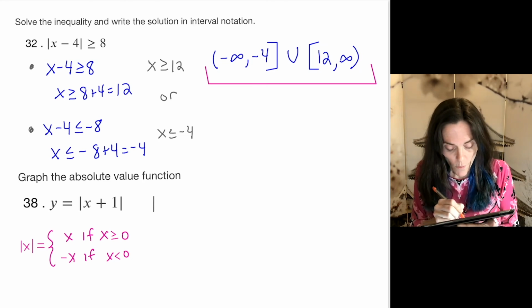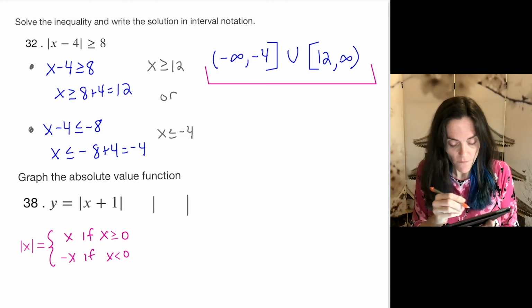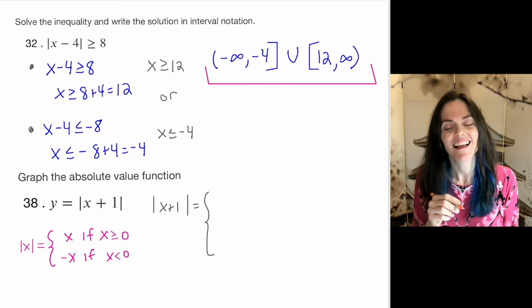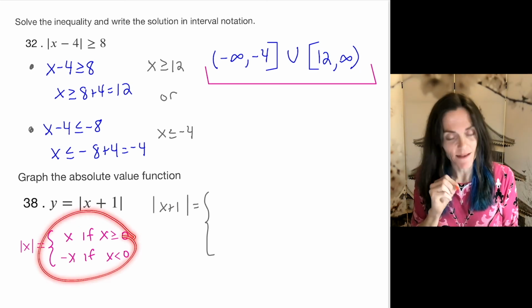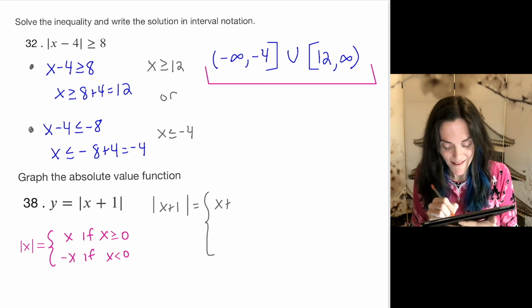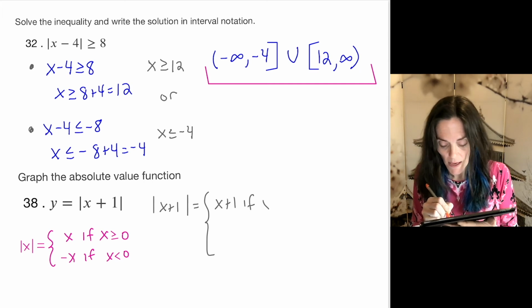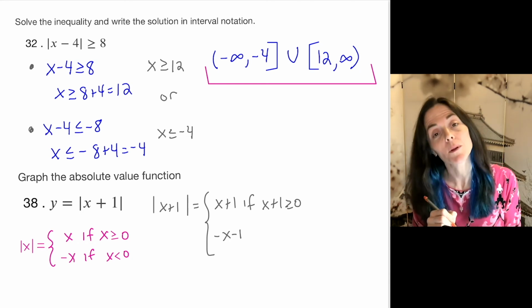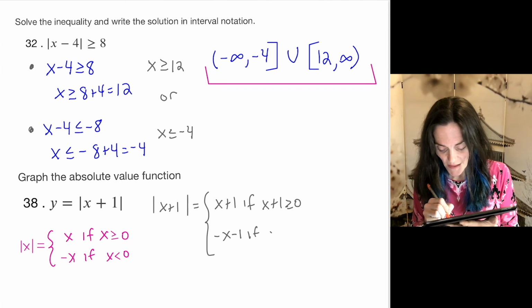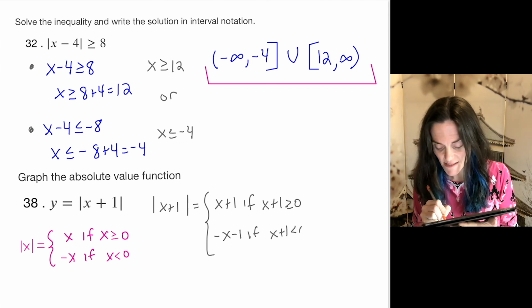Well, if I want the absolute value of x plus 1, let's just replace x in this formula by x plus 1. This would be x plus 1 if x plus 1 is greater than or equal to 0. And, well, multiplied by minus 1 would be minus x minus 1 if x plus 1 is less than 0.